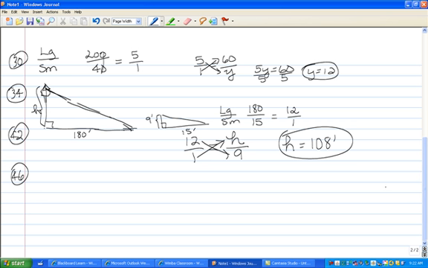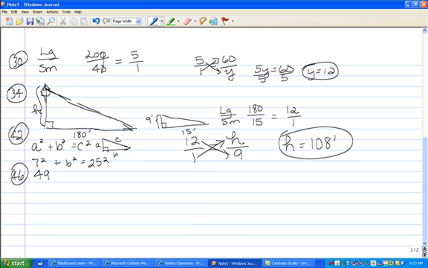Okay, and one last one here. Let's look at number 42. Two more. 42 first. We have a right triangle, and we're using the Pythagorean theorem that says a squared plus b squared equals c squared. We have a right triangle where the two shorter legs are a and b, and the hypotenuse is c. So in number 42, we have 7 squared plus b squared equals 25 squared.